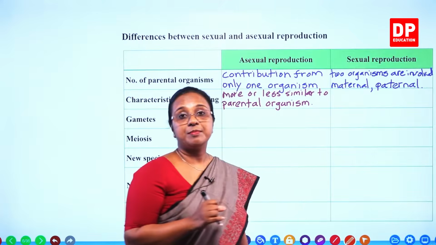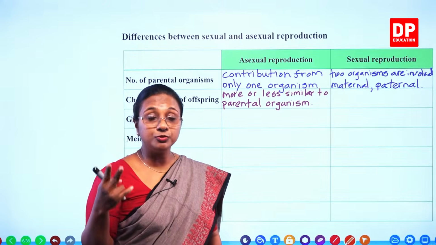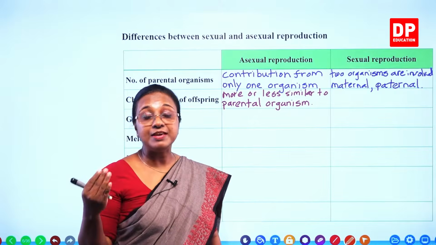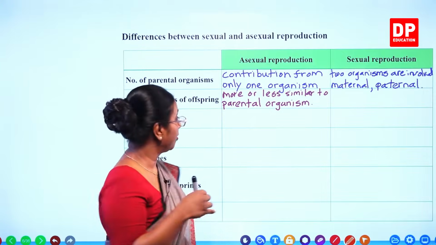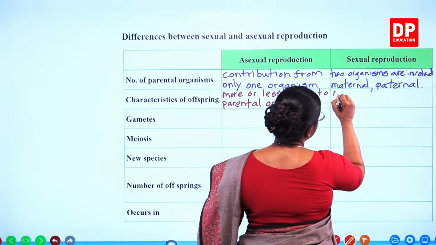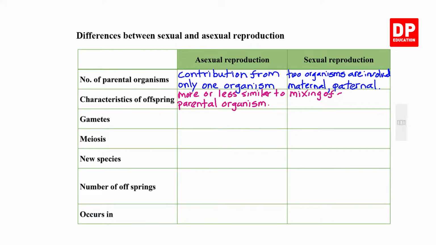Under sexual reproduction, since it involves two gametes, the male and female gametes, the characteristics will be mixed, a mixing of characteristics of both parental organisms.